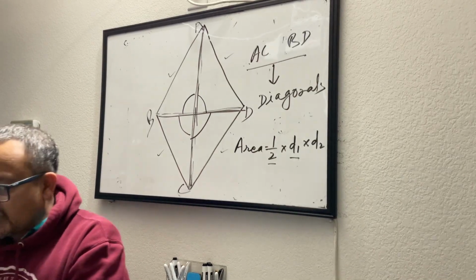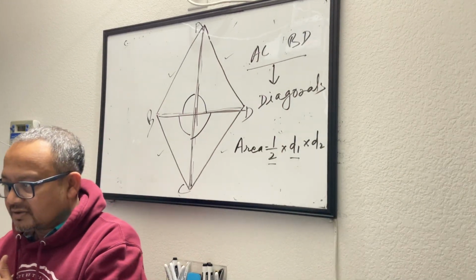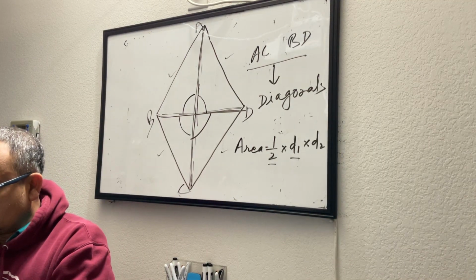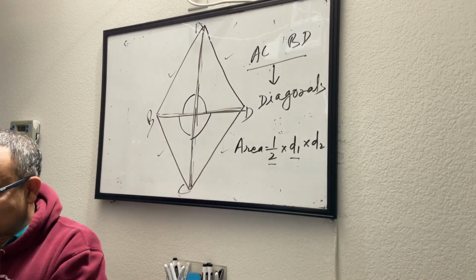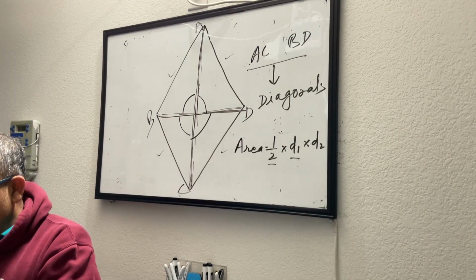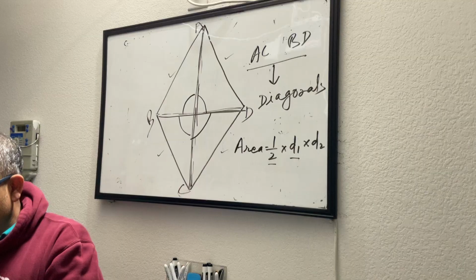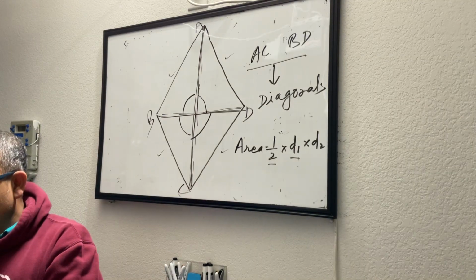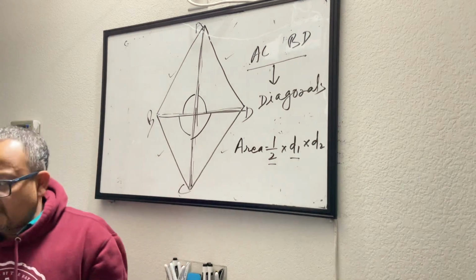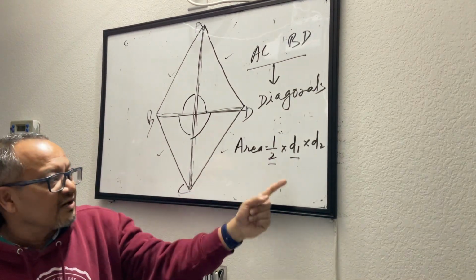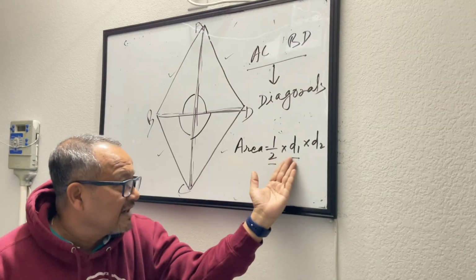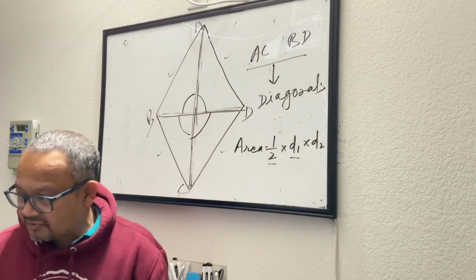Yes, Sandy. Half into diagonal 1 times diagonal 2 means multiply half with diagonal 1 times diagonal 2.